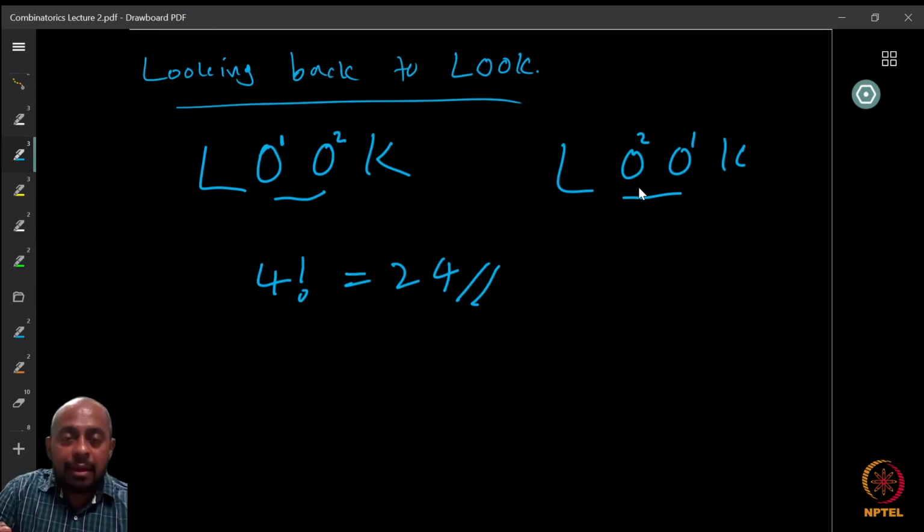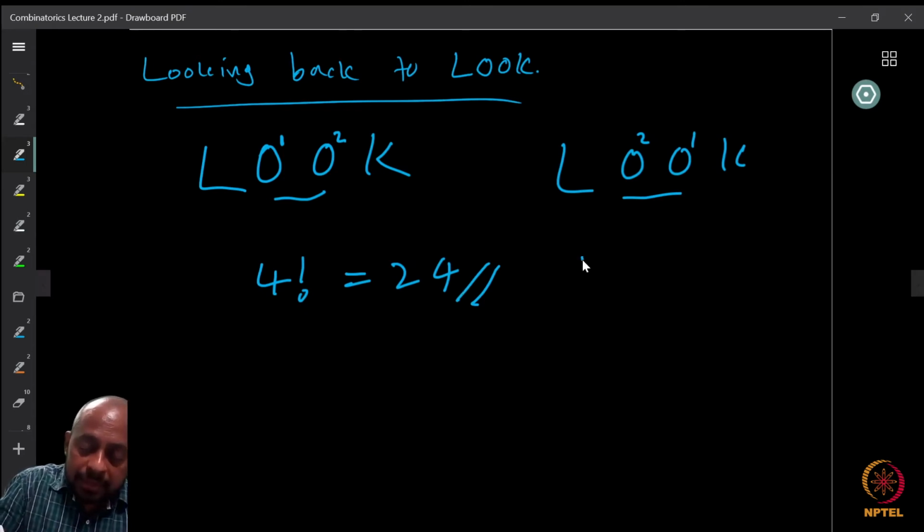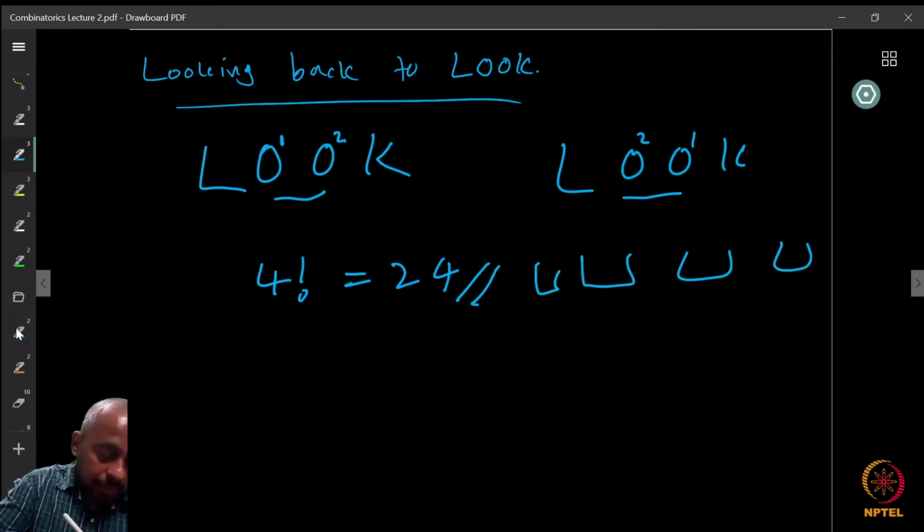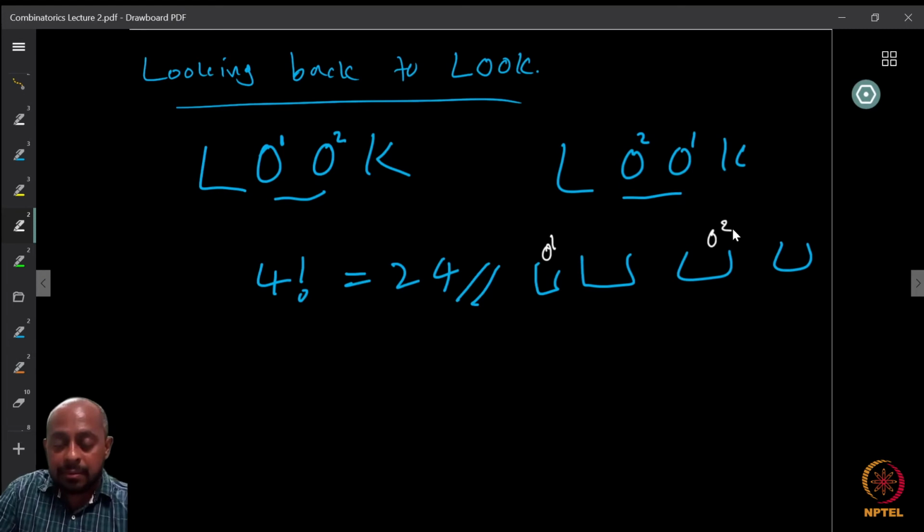So let us see how much overcounting we are going to do when I do this 4 factorial equal to 24. We observe that once you fix the positions of the O's, the 4 different positions, let's say O appearing here, O1 and O2, if I swap their positions, it is not going to make any difference in the word, right? Because when we remove the label, they are going to be the same. Can I do anything else?